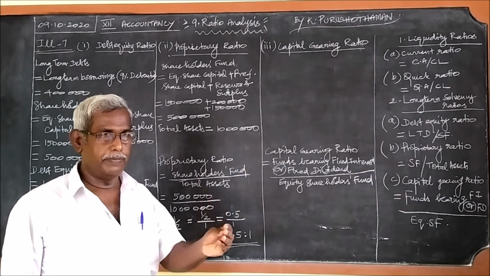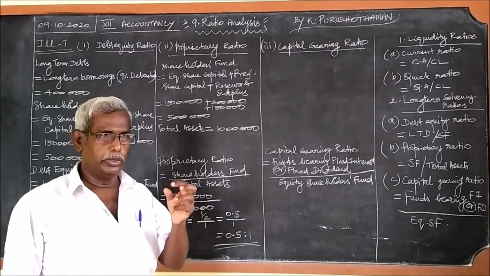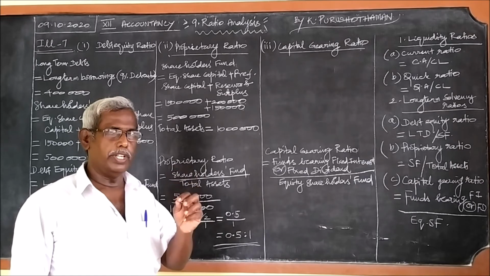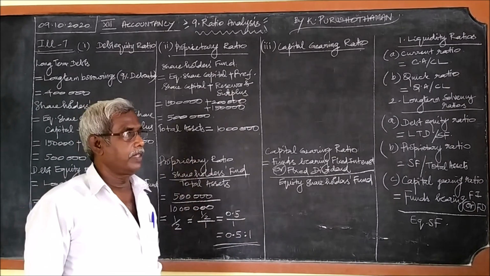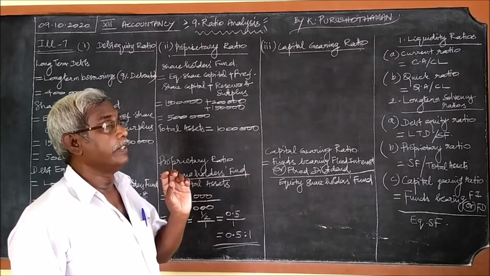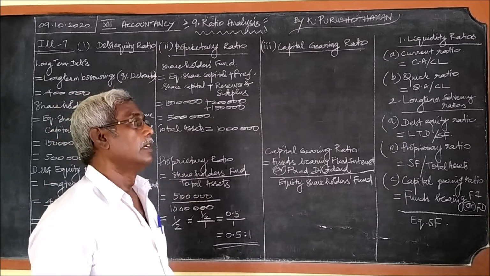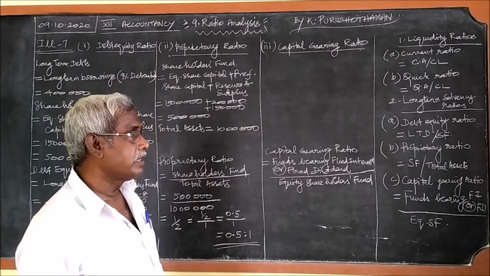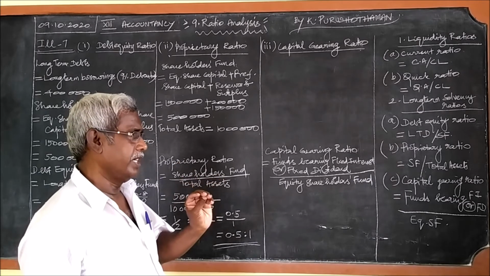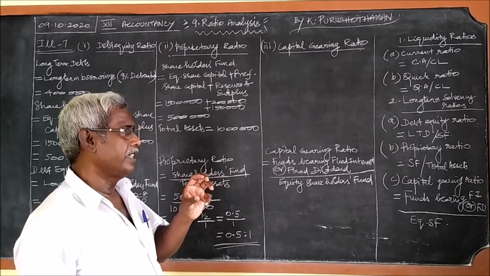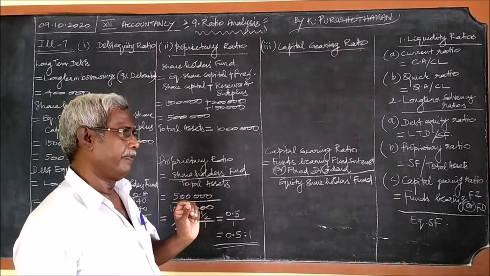From the profit the company earns, whether you are an equity shareholder or a preference shareholder, there is a dividend. But there is a difference. For preference shareholders, it is a fixed dividend of 6%, 8%, 5% like that. The dividend is given at a fixed rate.